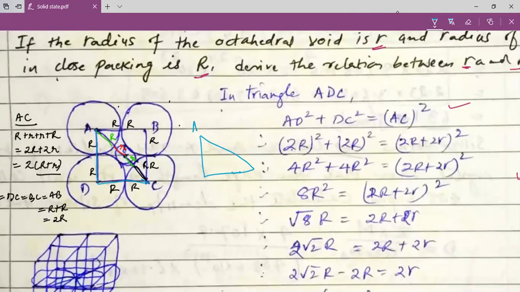This is your A, this is your D, this is your C. First you have capital R, then small r, then again small r, and capital R. This angle is 90 degrees. So according to the Pythagoras theorem, we can write AD square plus DC square is equal to AC square. Let us write this and understand it well, my dear student.